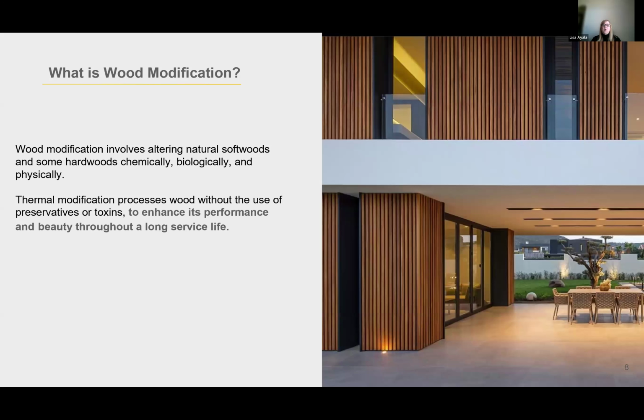So with that, what is wood modification? Wood modification is taking wood, putting it through either an autoclave or a kiln, some sort of reactor, if you will, and changing the structure of the wood at the cellular level, at the molecular level.